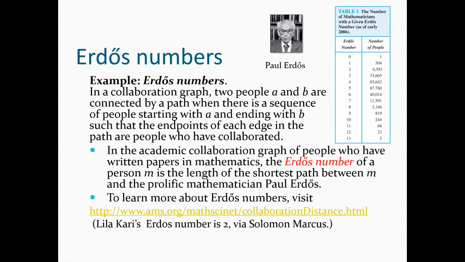If I write a paper, if I am co-author of someone, then this is the connection. If my co-author is co-author of another person, this is another connection, and that next co-author is co-author of another scientist, and finally there is a co-author which is the co-author of Erdős. So this is how we can make the graph.